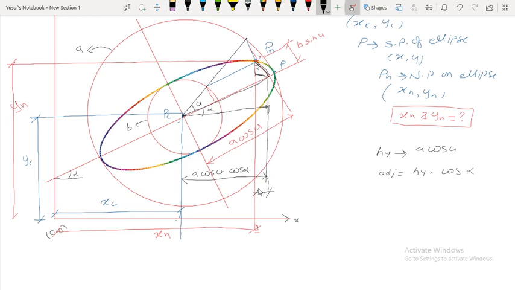This length we can calculate because it is opposite to the angle, so you take sine of alpha times the hypotenuse. The hypotenuse is B sin u, so this length will be equal to B sin u sin alpha.